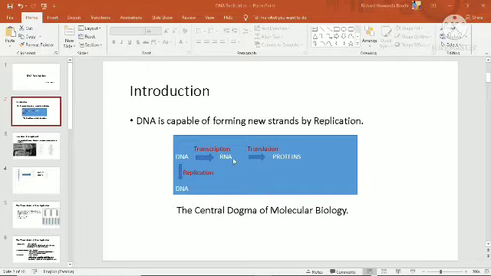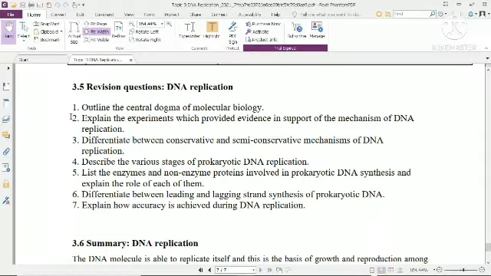So RNA will be synthesized from DNA by a process known as transcription, whereas proteins will be synthesized from RNA by a process known as translation. And then DNA will replicate itself. And this outline here, which I'm showing in this blue box, is what is known as the central dogma of molecular biology.